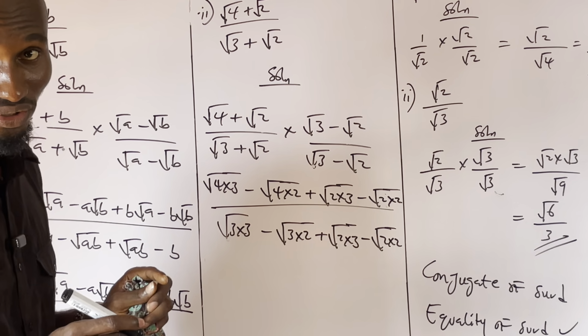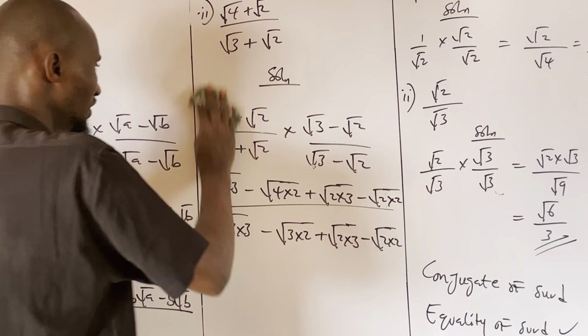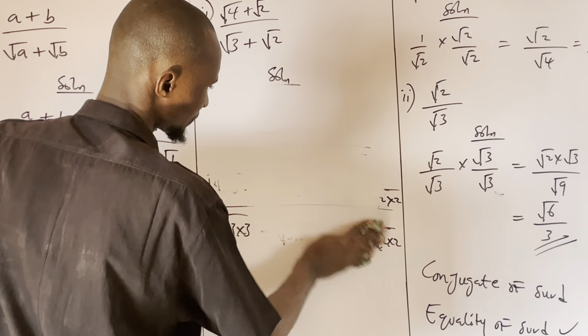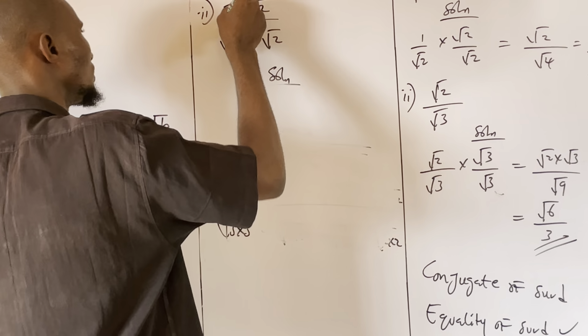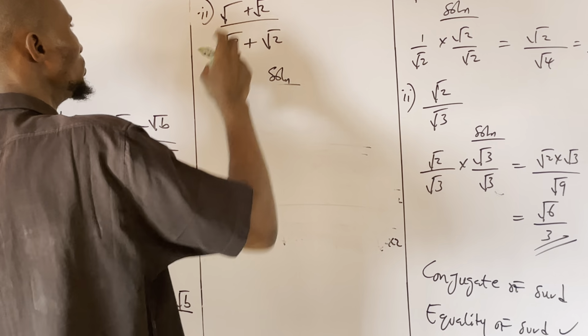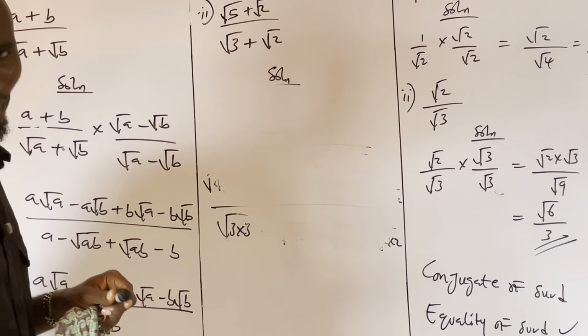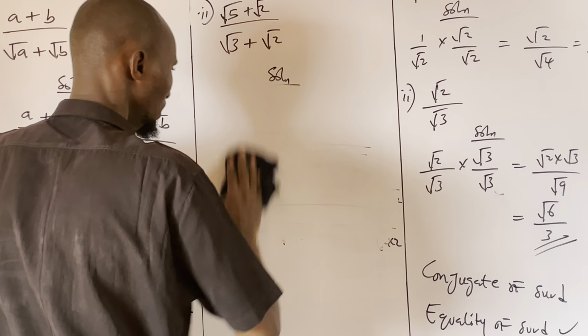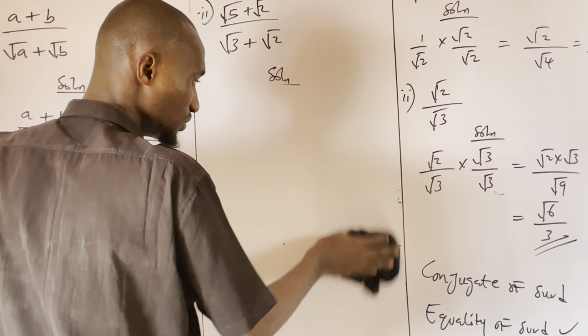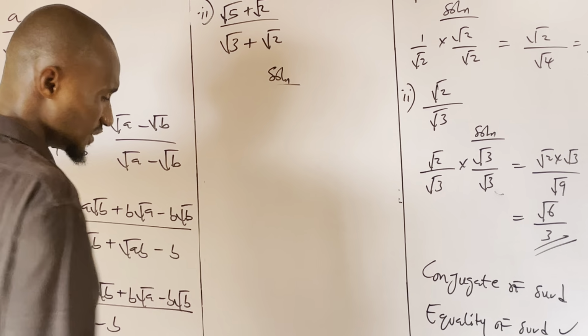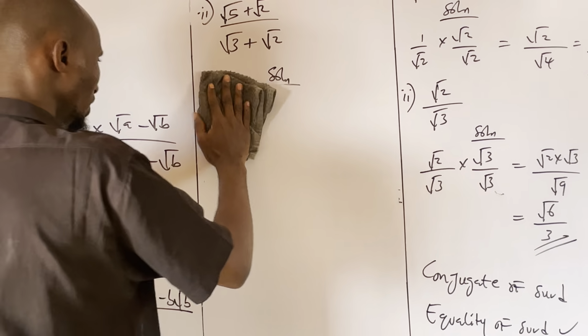Let me change the question. Let me use another number, 5. I want you to understand this very well. We will get the answer using root 4, but I want you to understand it very well with different numbers.